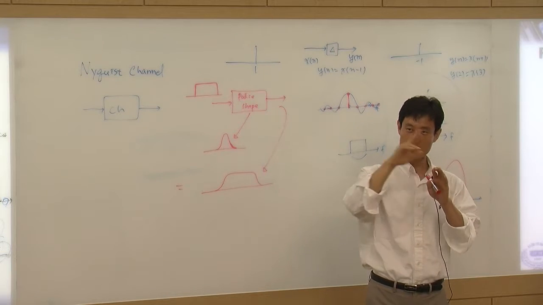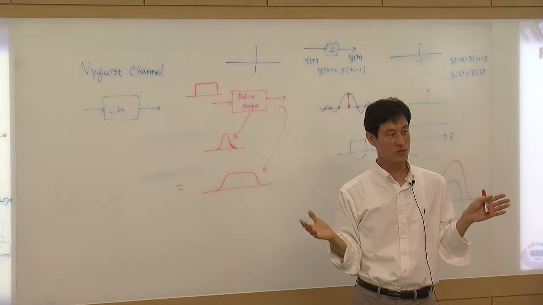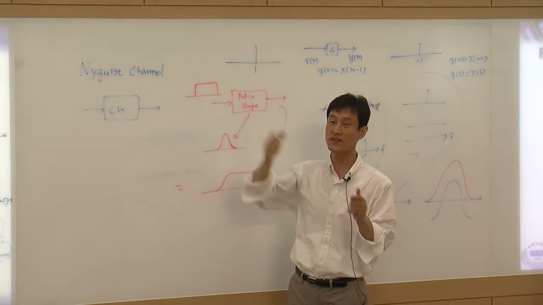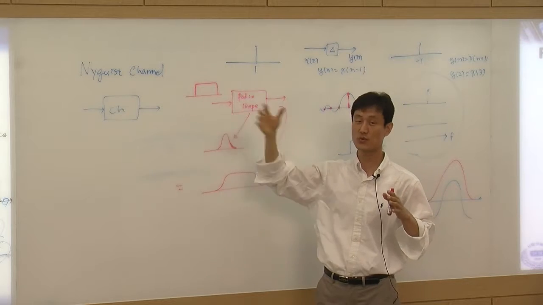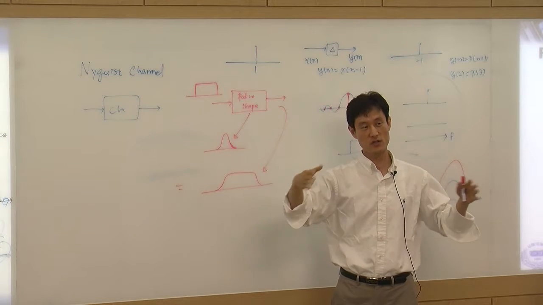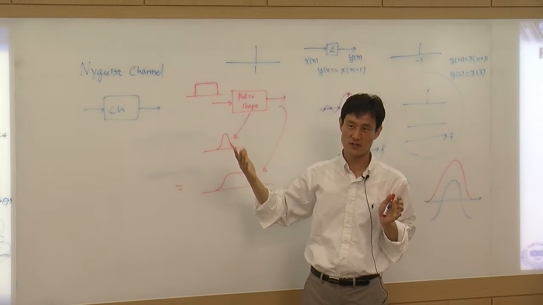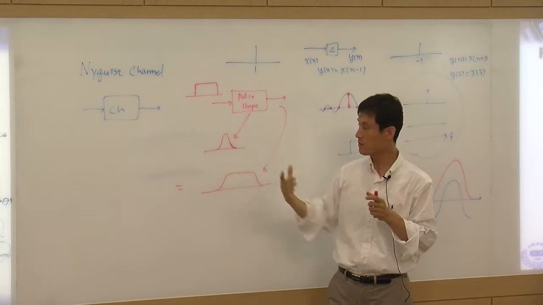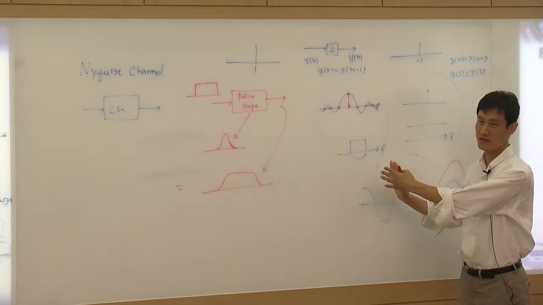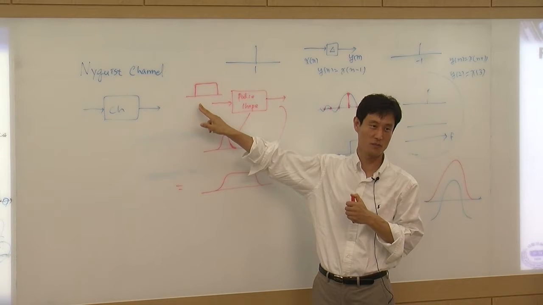If you transmit a rectangular signal, you are using all the frequencies, right? A rectangular pulse has infinite frequency components, because when you convert it to the frequency domain you have a sinc function. So definitely you cannot do that. Your bandwidth has to be limited. That's why you cannot transmit this in practical systems.